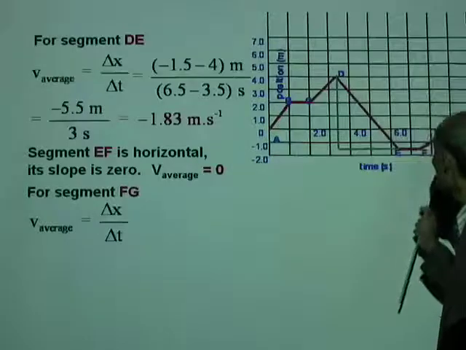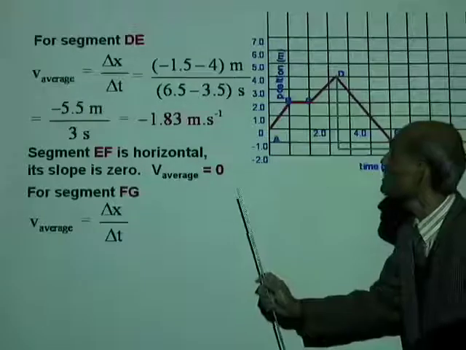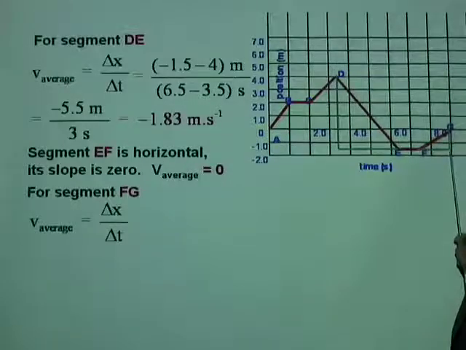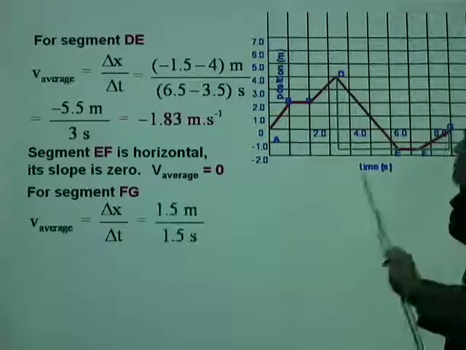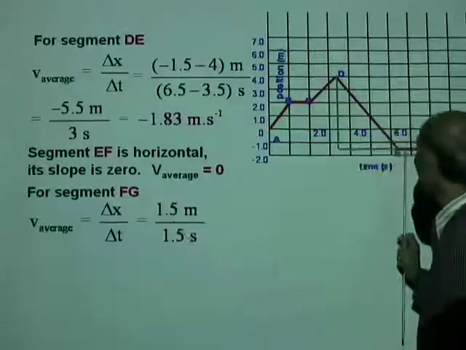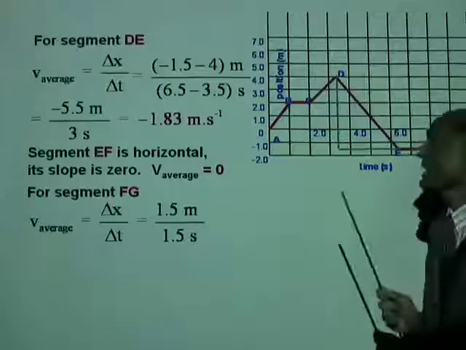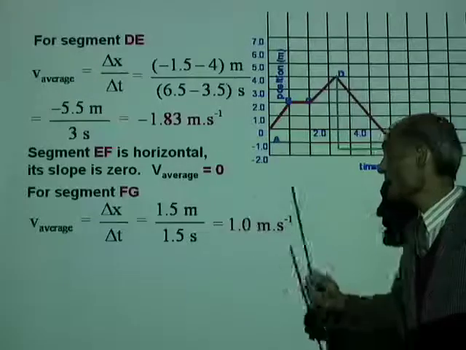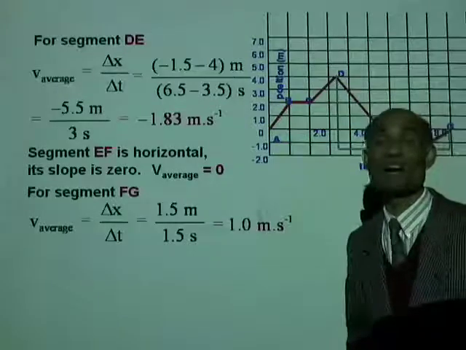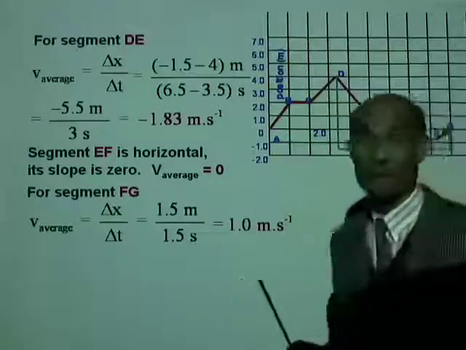Is that right? Final position minus the initial position. That is 0 minus negative 1.5, which will be 1.5 meter. And the time interval is 1.5. And that is 1 meter per second is the average velocity during that time.